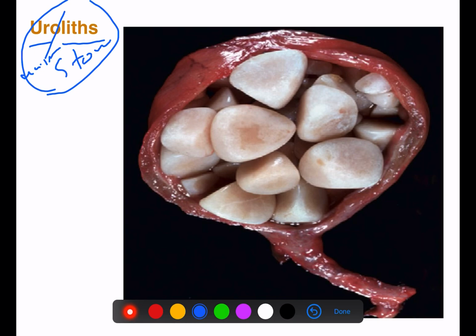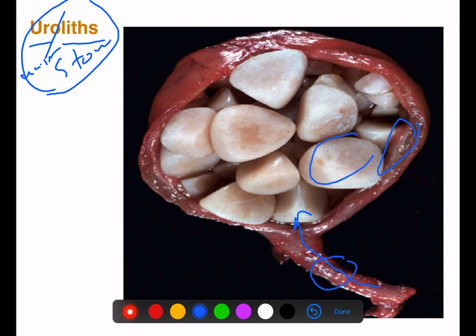It's usually formed within the kidney pelvis and then descends from the kidney, traveling through the ureter to become lodged within the urinary bladder. And this stone may cause irritation to the wall of the bladder and induce chronic inflammation within it, and maybe then it induces transitional cell carcinoma.